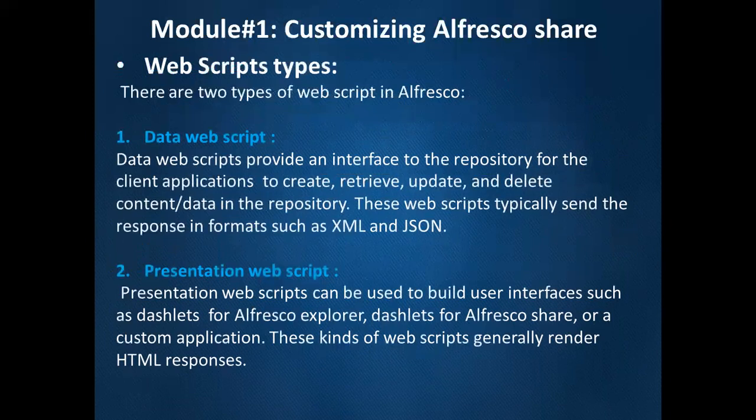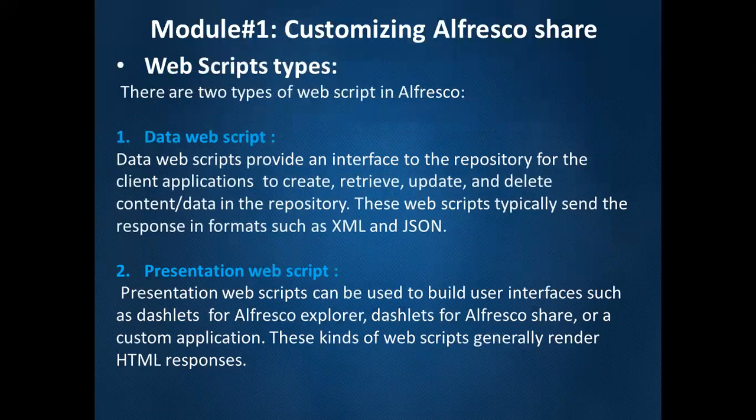This means we can use a web script to do two principal types of work. You can use a web script for working with the data, or for displaying the data, or you can use a web script for presentation. What does that mean?